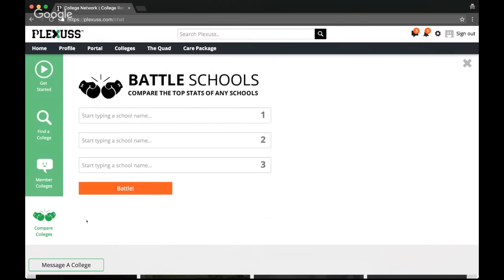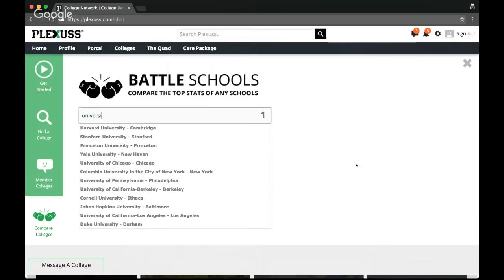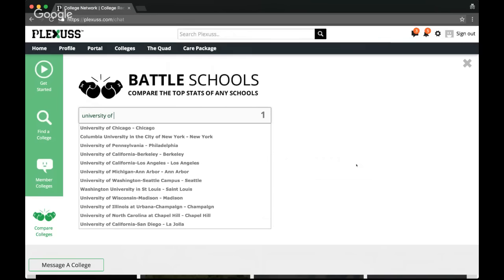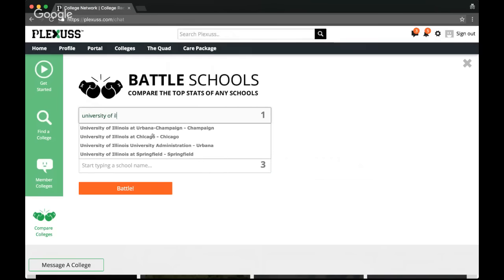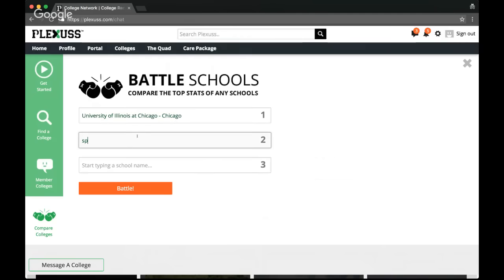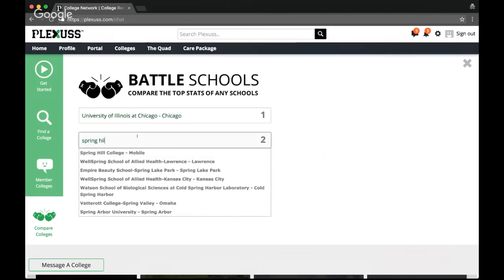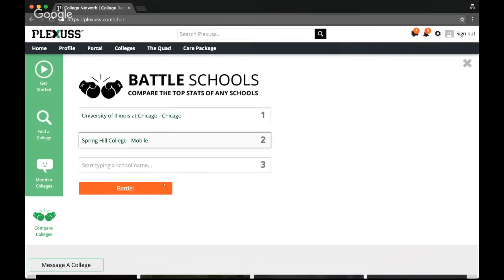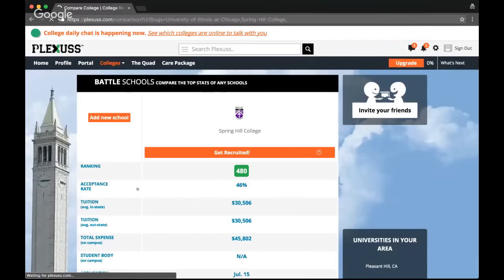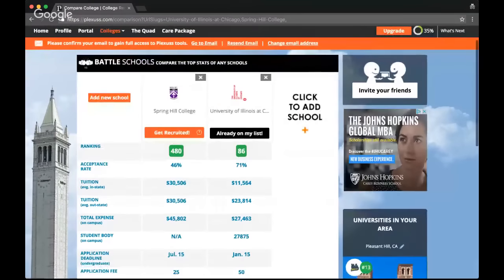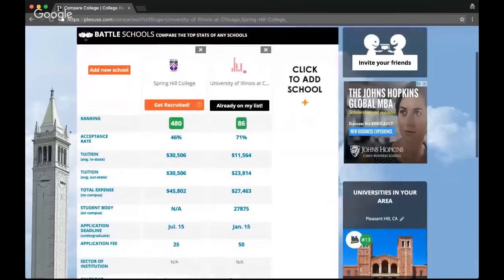Finally, this Compare Colleges section. If you wanted to compare two schools, for example, the University of Illinois at Chicago, and we wanted to compare this to another member school we have here, Spring Hill College in Mobile, Alabama. If we go ahead and battle these two schools, it's going to pull up some stats about each university here, and we can see that I have yet to ask to be recruited by Spring Hill.